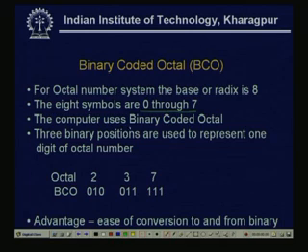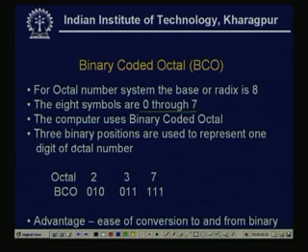Now, the computer uses binary coded octal, already I mentioned. Now, how is this octal number converted to binary coded octal? That is, 3 binary positions are used to represent 1 digit of an octal number.